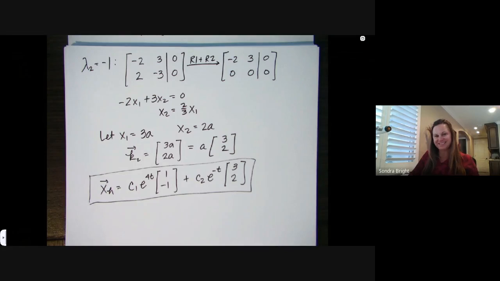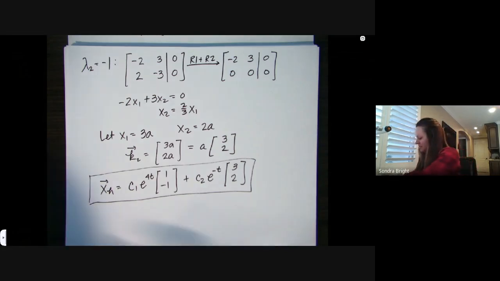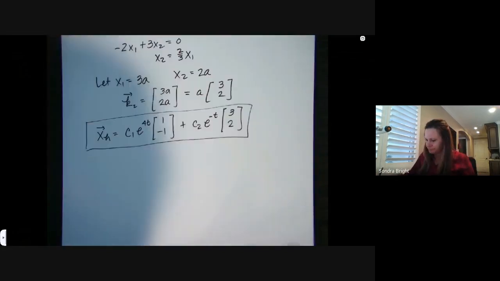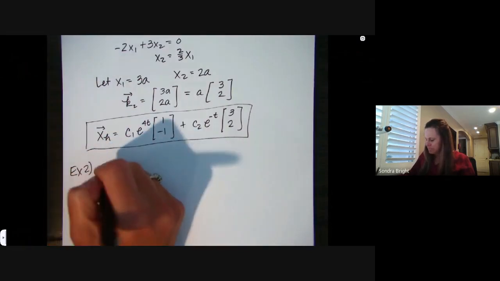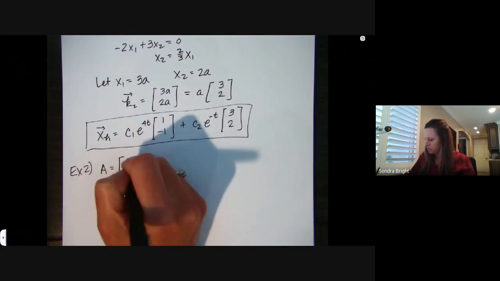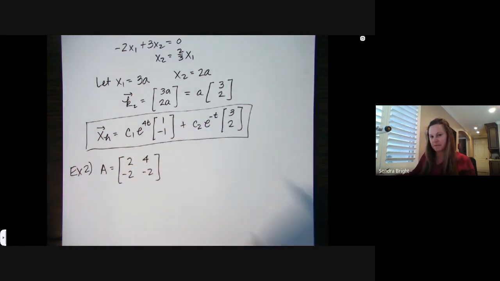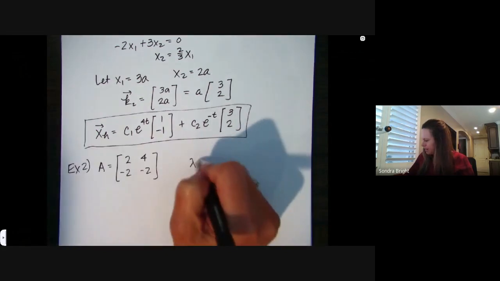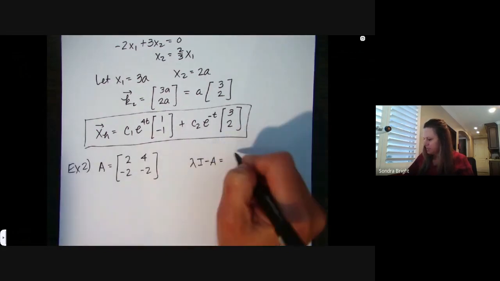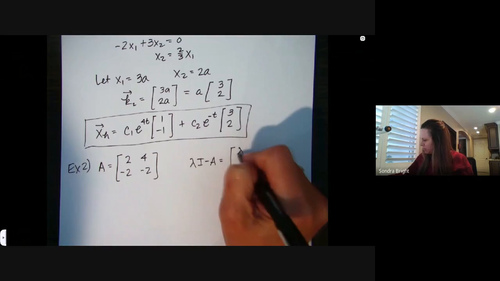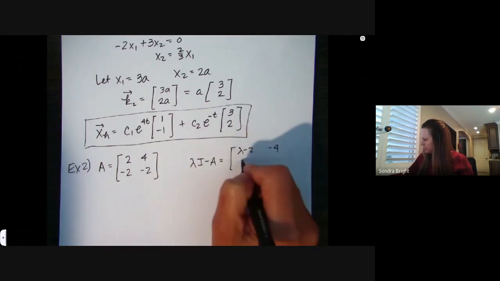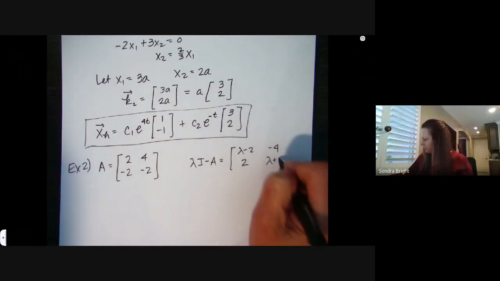All right, let's do another example. How about this time if A is 2, 4, negative 2, negative 2? All right, so your lambda I minus A would just be lambda minus 2, a negative 4, a positive 2, and a lambda plus 2.